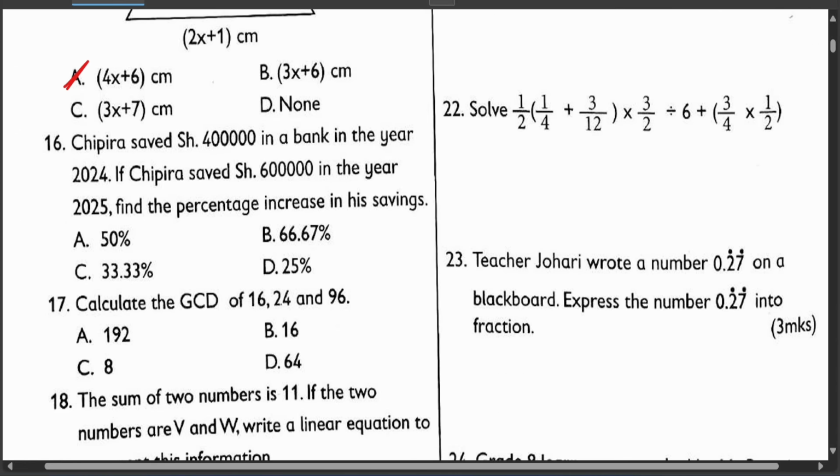Chipira saved 400,000 shillings in a bank in the year 2024. If Chipira saved 600,000 shillings in the year 2025, find the percentage increase in his saving. Very easy. So let me just use this. So increase yake itakuwa ni ile new value minus original.